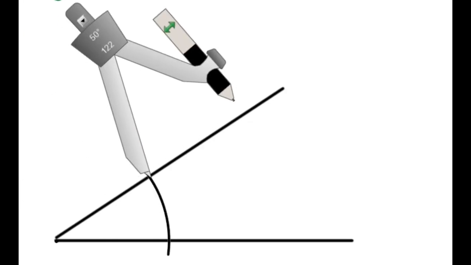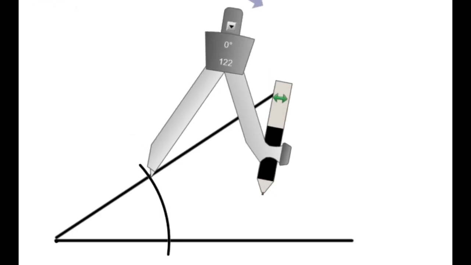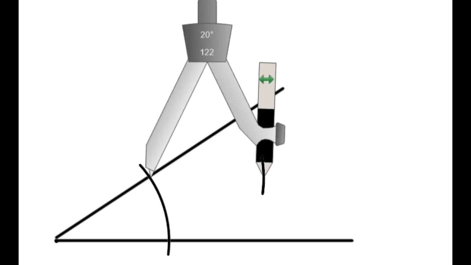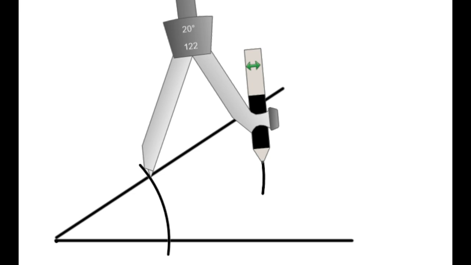And now I need to find the last vertex of the rhombus. So somewhere out in the middle of that angle, I know that we're going to have a vertex of the rhombus. And I know that the distance between the vertex that's indicated at the intersection we just made and this mystery vertex is still the same distance that we've got our compass set to.